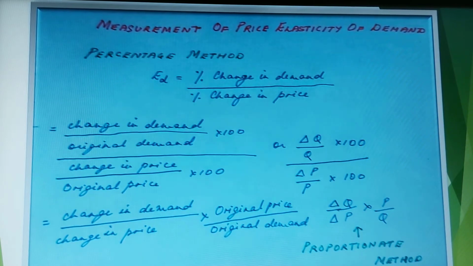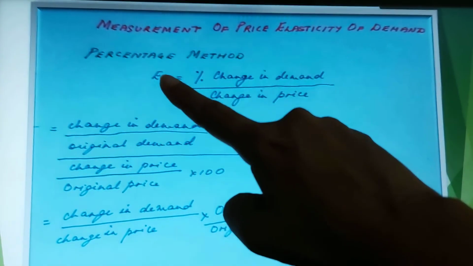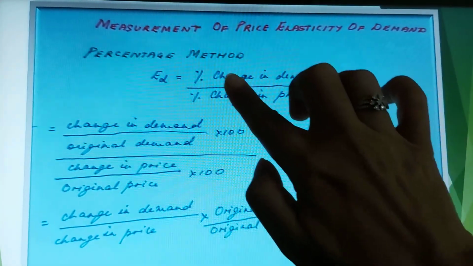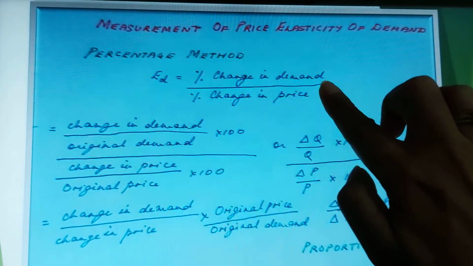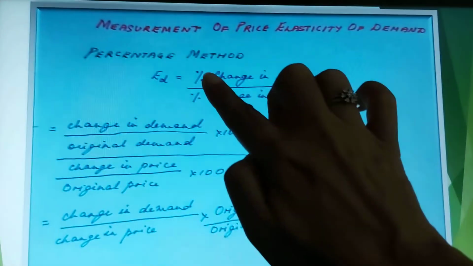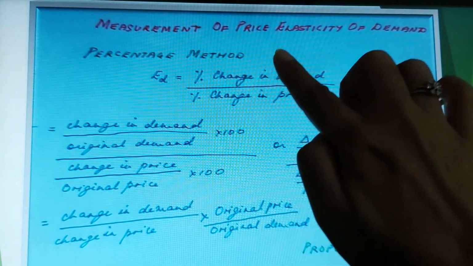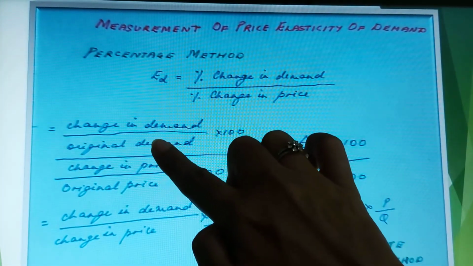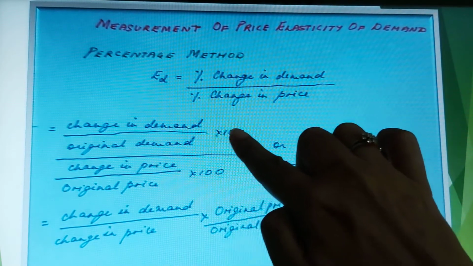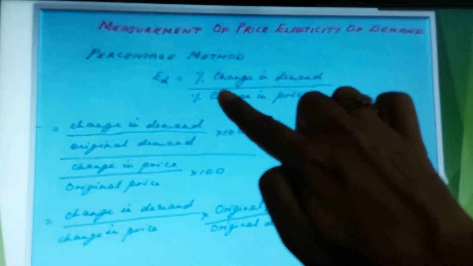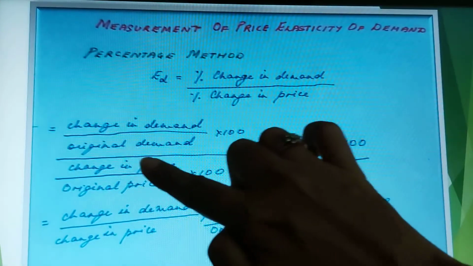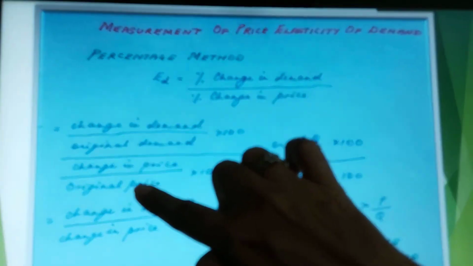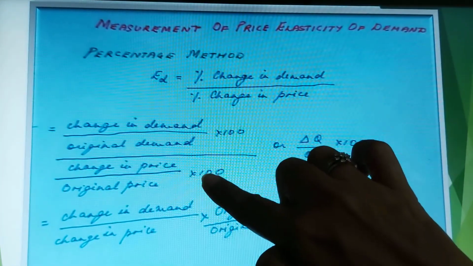We'll just learn how to derive the formula. We know already that ED is equal to percentage change in demand upon percentage change in price. Now, how do we find out this percentage change in demand? It is equal to change in demand upon original demand into 100. And this percentage change in price is change in price upon original price into 100.